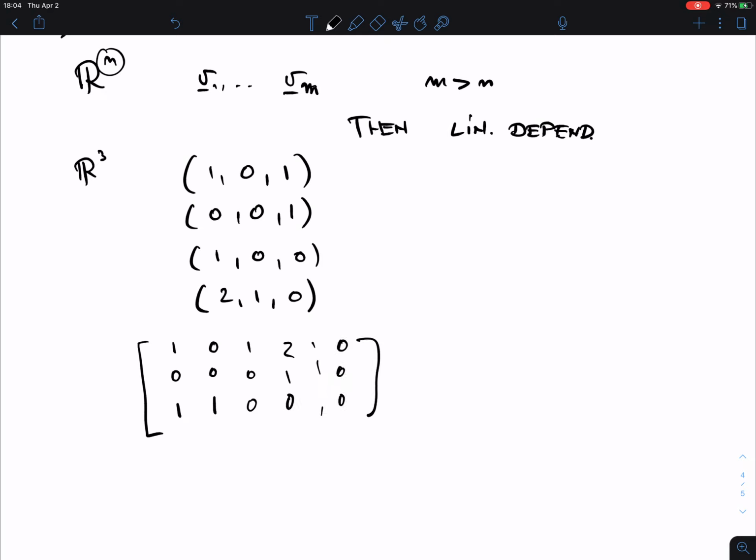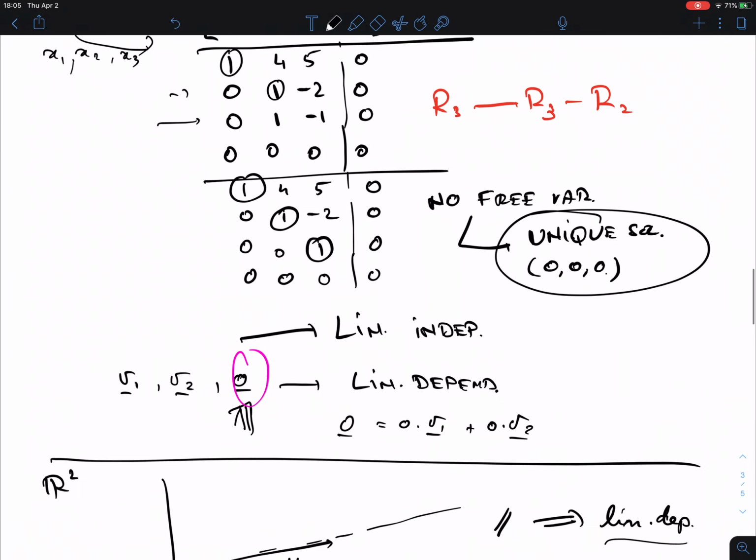Okay. And what do you do then with the matrix? Well, you do row operations until you get an echelon form. This is a very easy one, but I'm not going to even do that. Let's think about what the echelon form is going to look like. How many pivots can there be? There can only be 1 pivot in one row. So 1, 2, 3 at most, because sometimes there is no pivot in a row. So like here, for instance, this row didn't have a pivot.